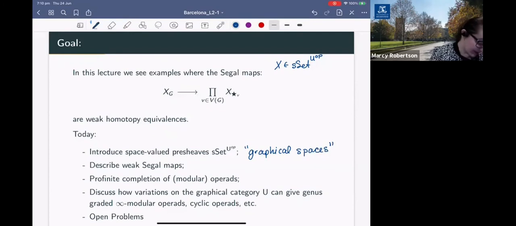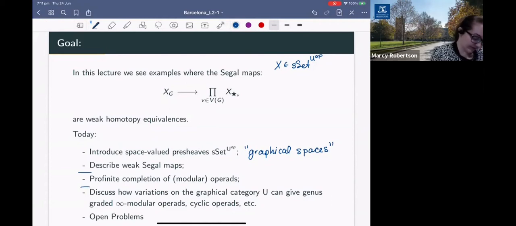We're going to describe the weak Segal maps, so just how you weaken them. And then I'll explain the motivation for these, which is this profinite completion of modular operads, which is something that we need for tomorrow.